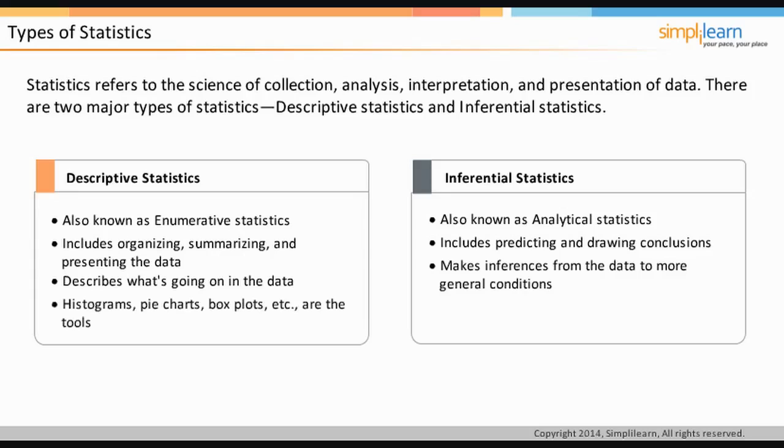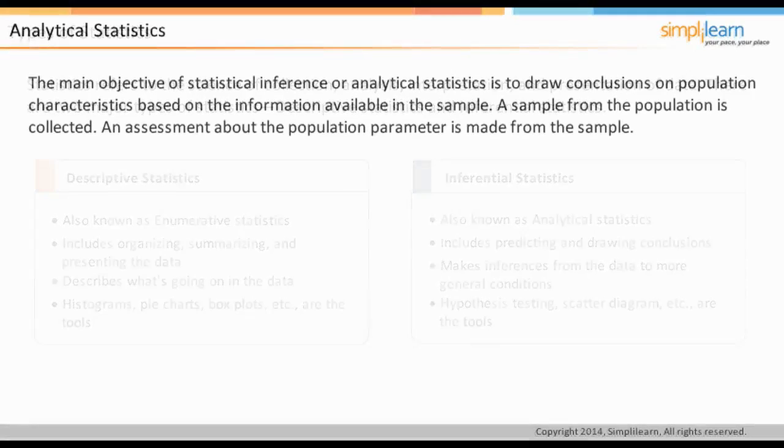Histograms, pie charts, box plots, frequency distributions, and measures of central tendency (mean, median, and mode) are all examples of descriptive statistics. On the other hand, examples of inferential statistics are hypothesis testing, scatter diagrams, etc.